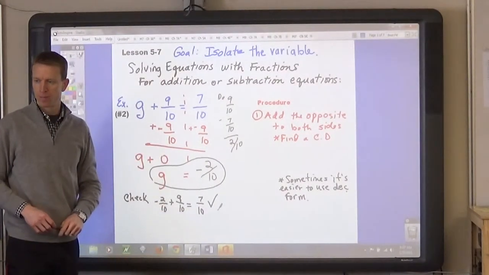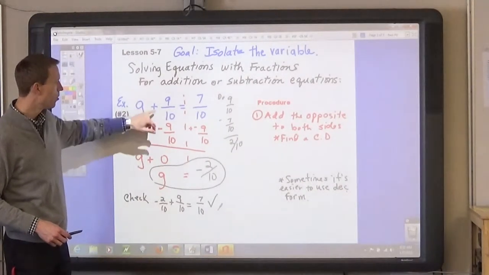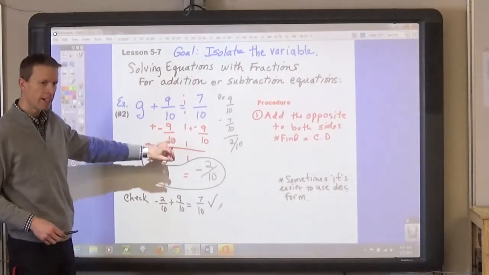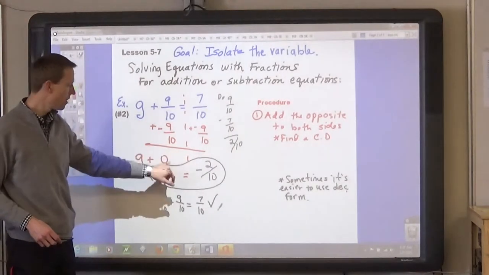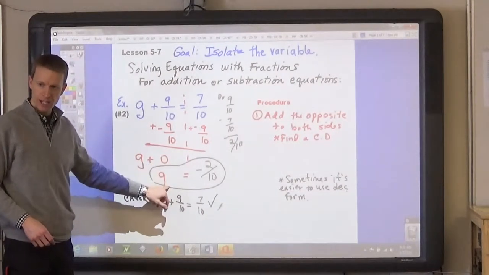for the variable. So if we're going to solve this for g, you can add negative 9/10 to this side, that equals 0. So g plus 0 equals g, right?